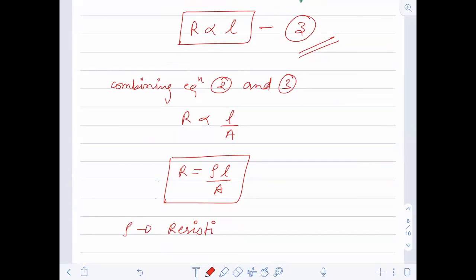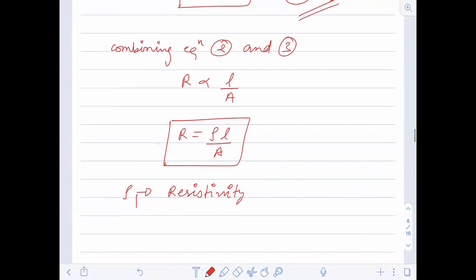It corresponds to the material property that we had seen in the first case.